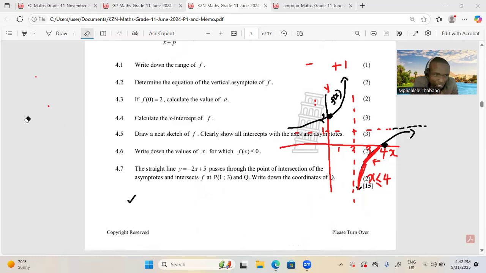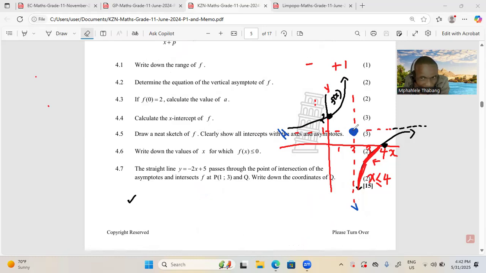Let us draw this straight line they are talking about. It passes through the intersection of the asymptotes, where the horizontal asymptote and the vertical asymptote meet.